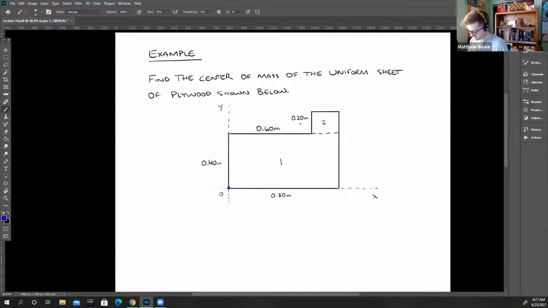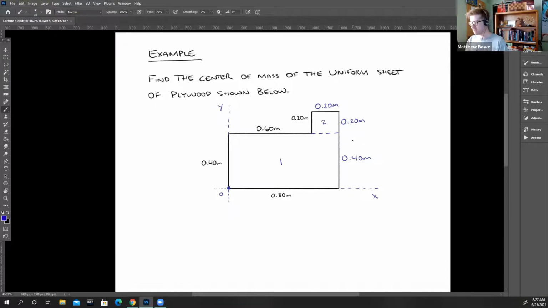Now, is it exactly a square? Well, this length is 6.6. That is 0.8. So it turns out that this top little bit is 0.2. Which means that this is exactly a square up here. And that means that this is also over here. That's this length.